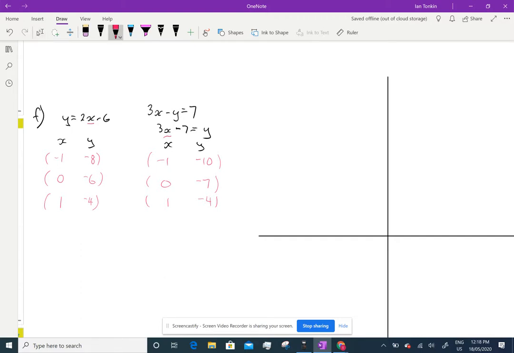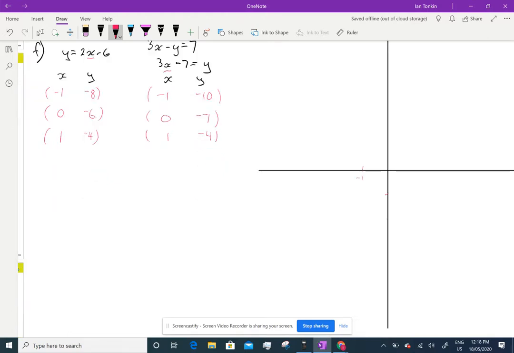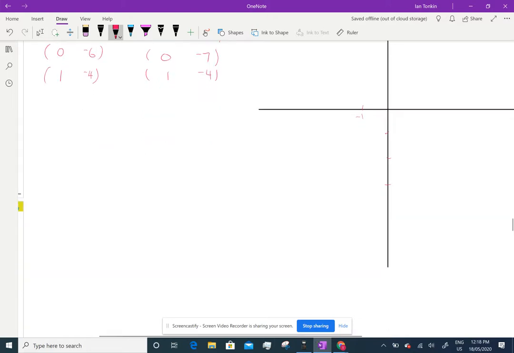So I've got negative 1 and negative 8. So I have to go down here 8. 1, 2, 3, 4, 5, 6, 7, 8. So about there. I get 0 and negative 6. 1, 2, 3, 4, 5, 6. There. And I get 1 and negative 4, which is about there.